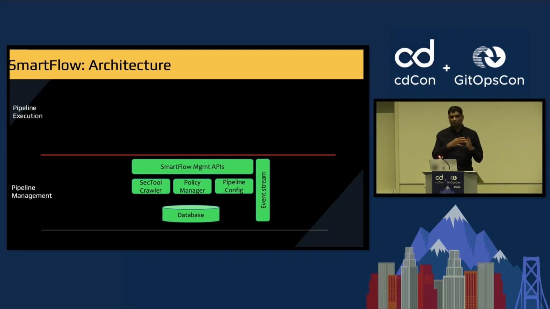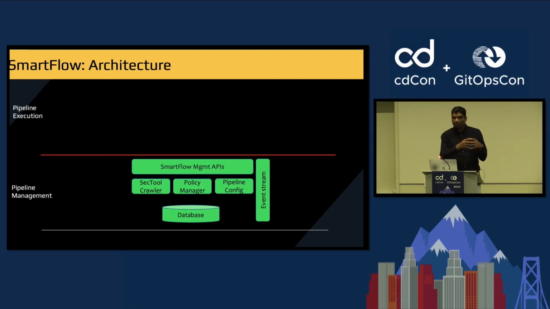If I'm using some proprietary tool for a security scan, I need to feed it secrets or the API endpoints that are common, not specific to execution, but the configuration of those particular tools that needs to be fed. We have a centralized database where all these actions, events, and metadata are stored, and of course the event stream.